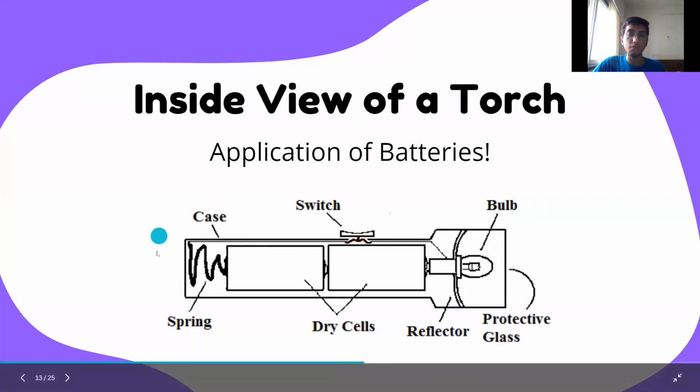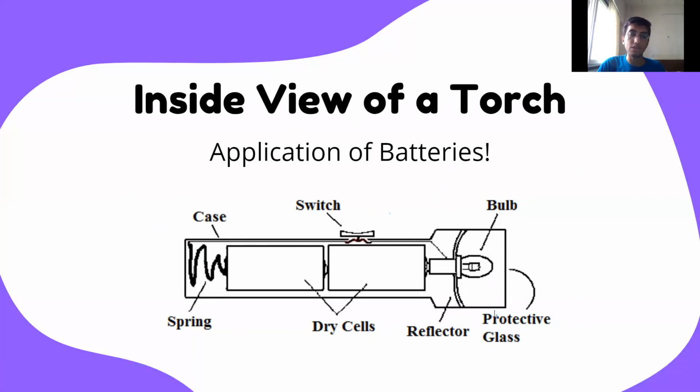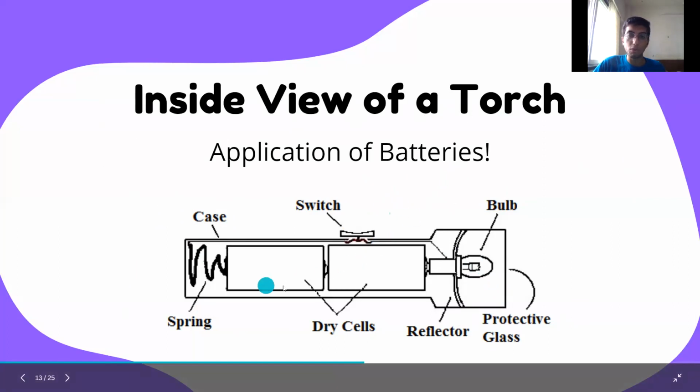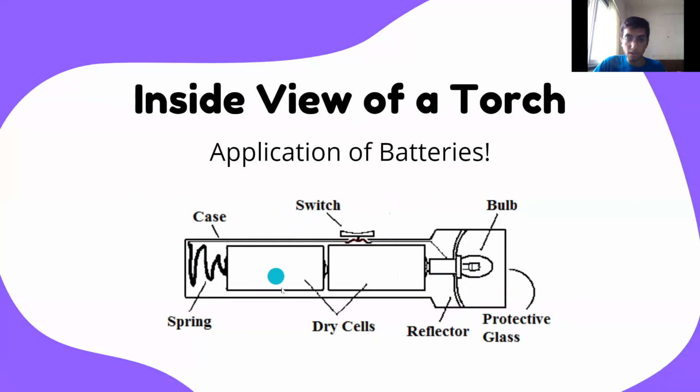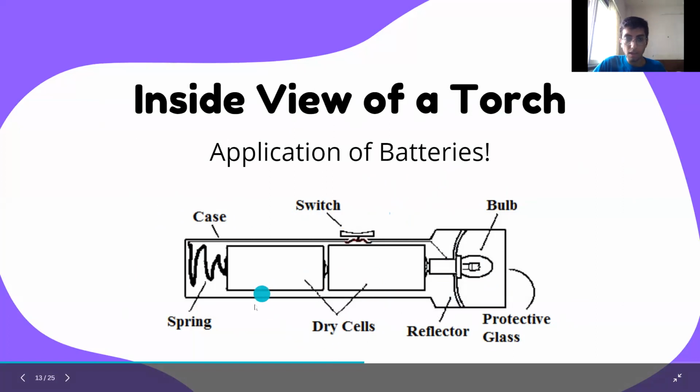Whenever we put cells inside the torch, we put more than one cell inside, and they are put in this manner, one after the other. And this in turn completes a circuit and then the light bulb glows.